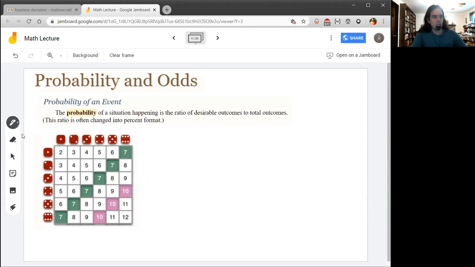So if I want the probability of rolling a 7, how many outcomes are a 7? 1, 2, 3, 4, 5, 6.